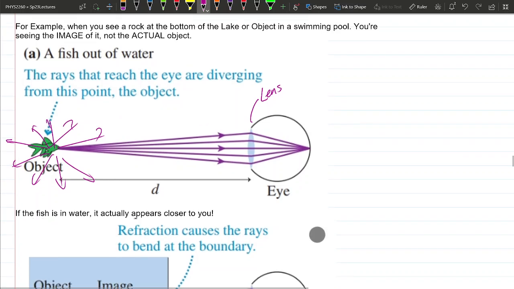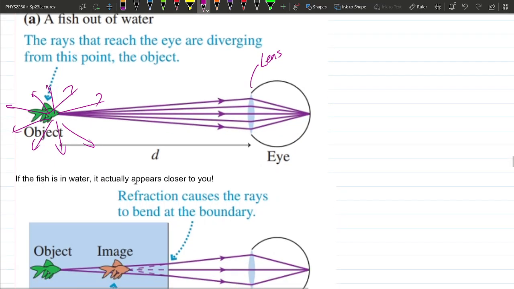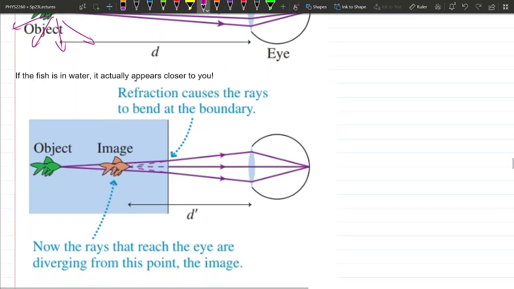Okay, so let's see what happens if, instead of the fish being in the air, which is unusual for a fish, the fish is in water. Ignore this orange fish for now. This object still produces rays that come out, and what happens is that the light will refract.